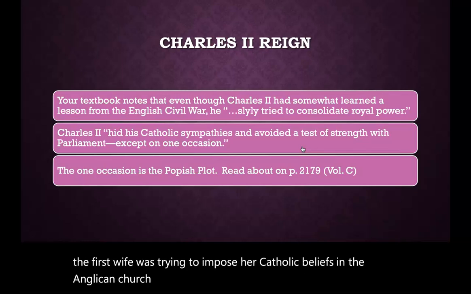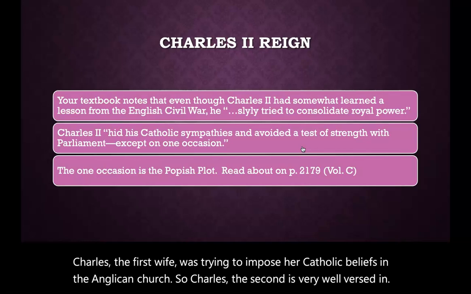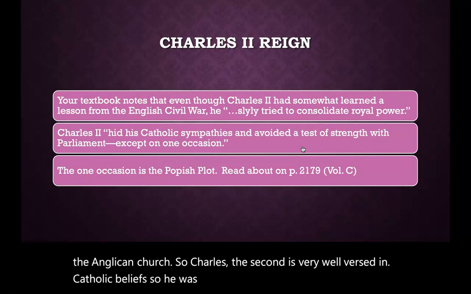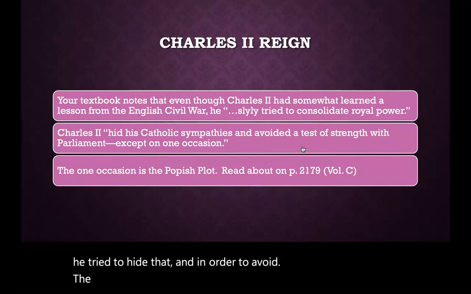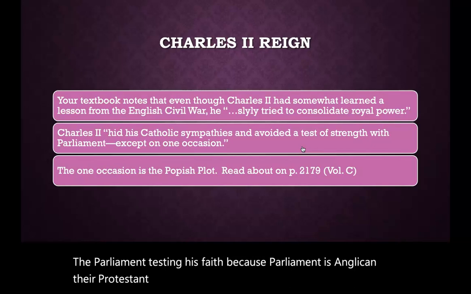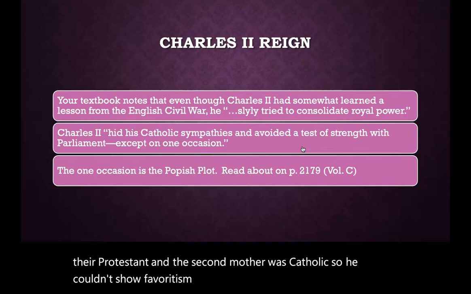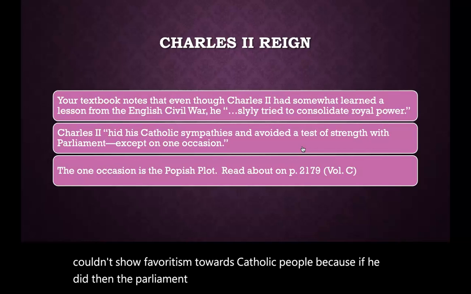So Charles II is very well versed in Catholic beliefs. He was sympathetic towards Catholicism, and he tried to hide that in order to avoid Parliament testing his faith, because Parliament is Anglican, they're Protestant, and Charles II's mother was Catholic, so he couldn't show favoritism towards Catholic people, because if he did, then Parliament would lose faith in him.